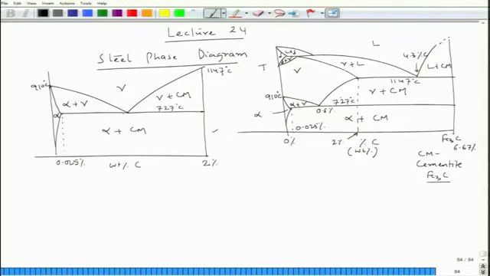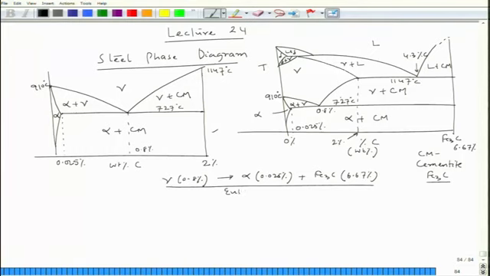Here one invariant reaction takes place, where gamma with a composition of 0.8% converts to alpha of composition 0.025% plus Fe3C of composition 6.67%. So this is my eutectoid reaction, and the eutectoid temperature is 727 degrees Celsius.